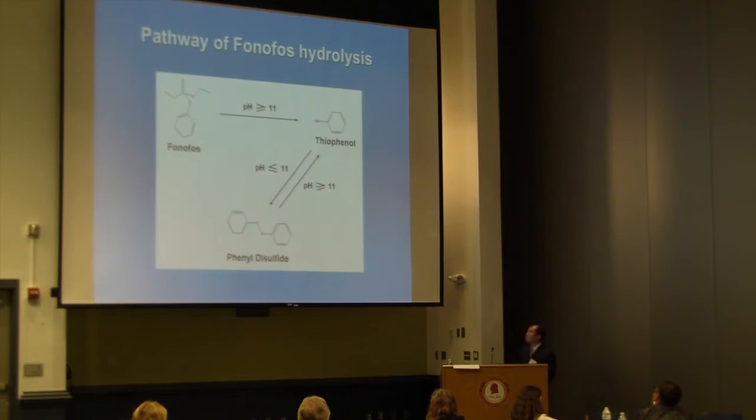All right, then based on the results of our study of this compound, we propose the pathways of this pesticide. So under the condition bigger than pH 11, it will produce this compound, and then under the condition with pH less than 11, two of these compounds will react together to form this compound, right?